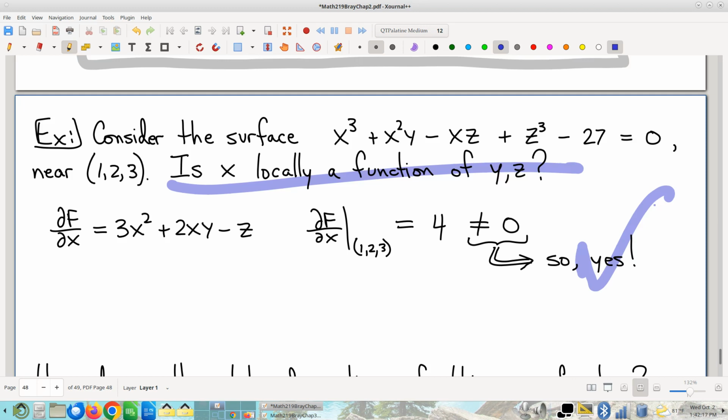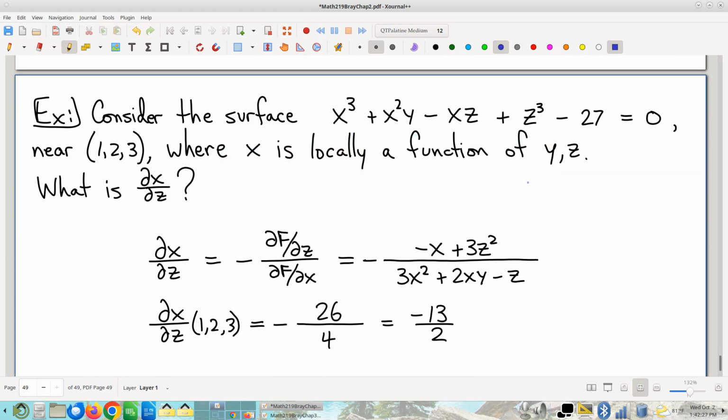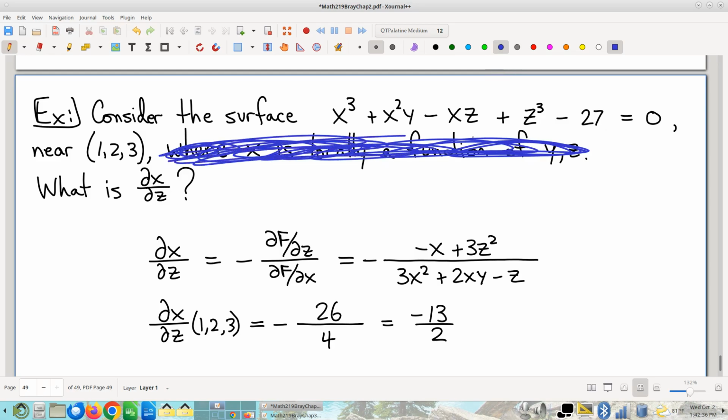Right. So what I want to point out is on a more typical exam question, the more realistic phrasing you should expect would be like this. They'll just say, hey, here's a surface. What is the partial of x with respect to z? And if this is the statement of the question, well, it's not given that x is a function that we can even talk about taking the derivative of, right?